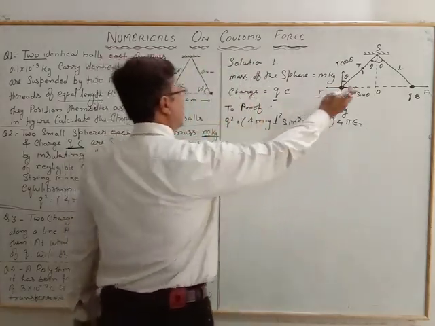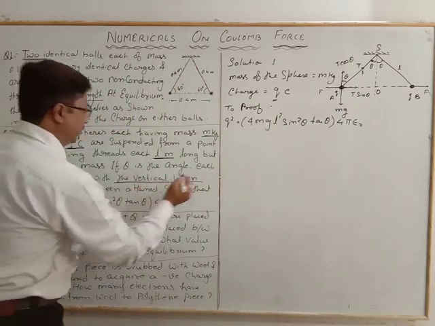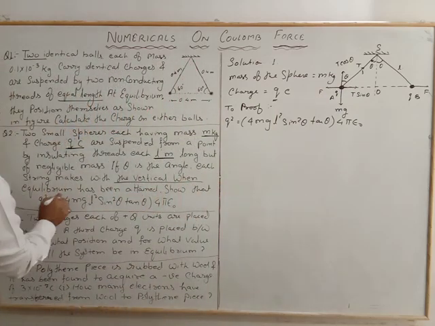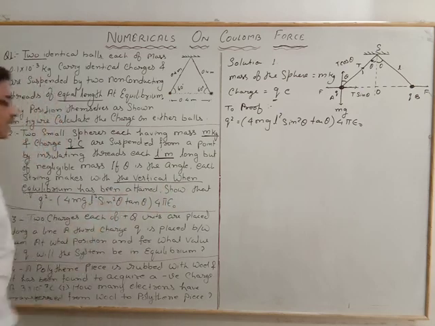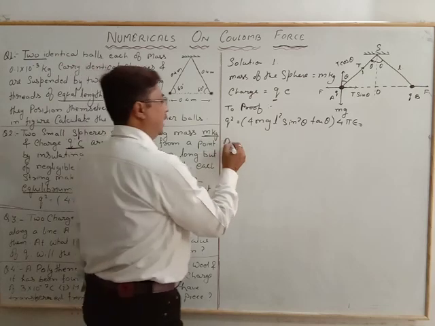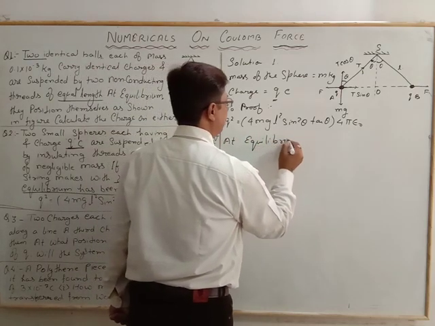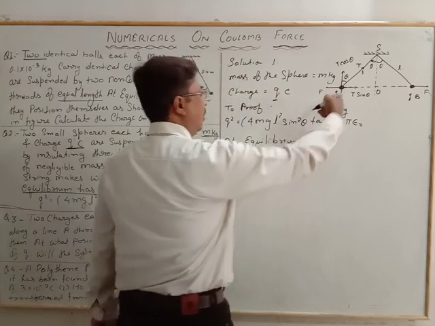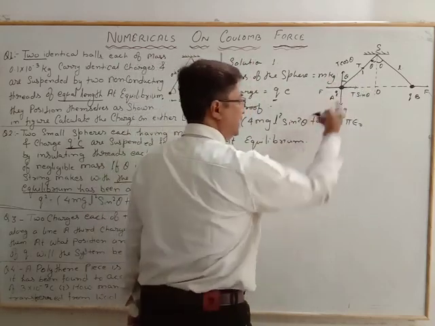Now for what? At equilibrium, whenever it is written here that when equilibrium has been attained, so at equilibrium, the net value of the forces acting on the charge is 0.